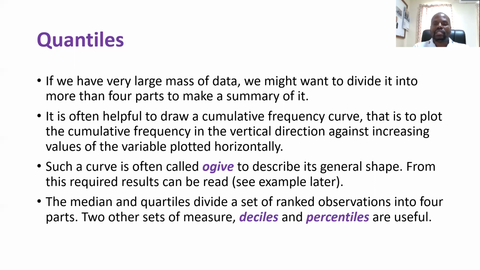The deciles divide the set of observations into 10 parts. So you have a data point where 10% of the data falls below it, another data point where 20% of the data falls below it, and 30%, 40%, 50%, which will be the median basically. Then 60%, 70, 80, 90%, up to 100.